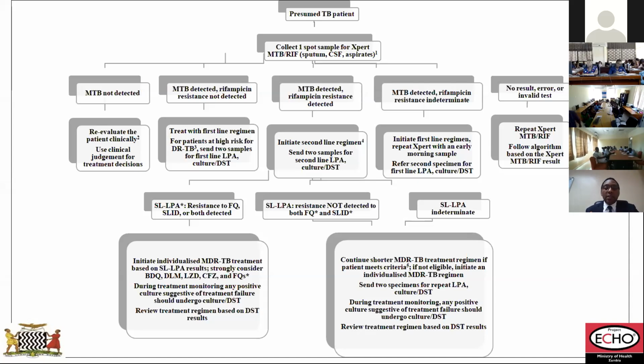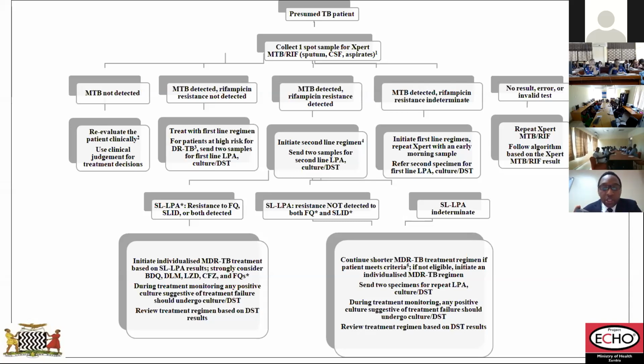The line probe assay is able to inform us of the resistance pattern to these drugs. It's also able to inform us of resistance to the injectables. Here we're no longer talking about capreomycin and kanamycin, but amikacin. So essentially, that's the step to take.